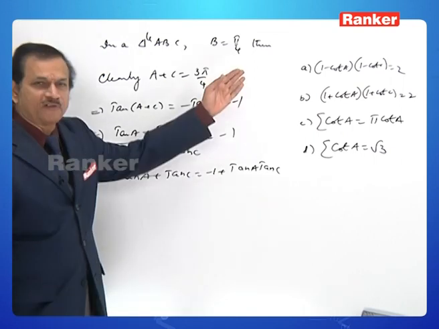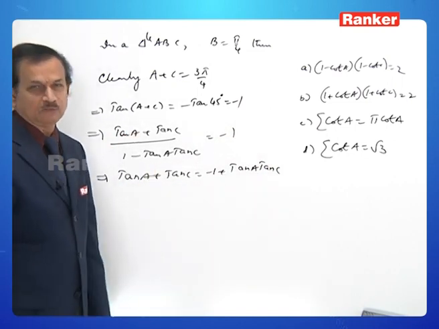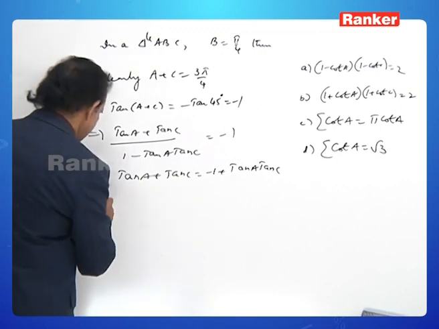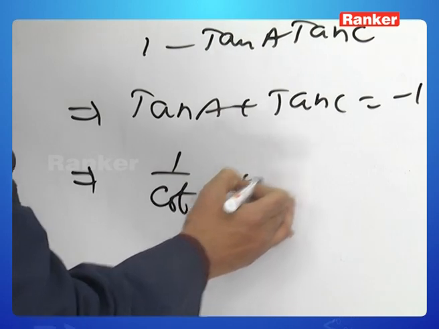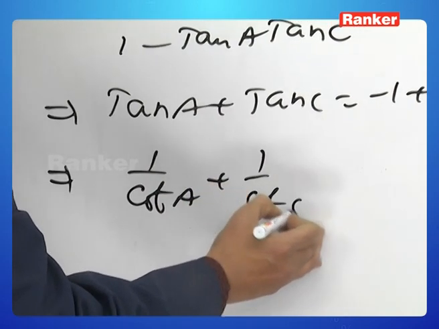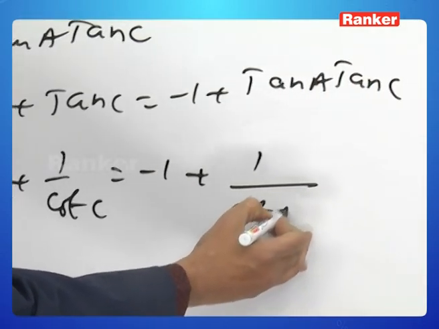Why? Because in every option there is a cot function involved. Well, let me convert this in terms of cotangent. That is 1 by cot A plus 1 by cot C is equal to minus 1 plus 1 by cot A into cot C.